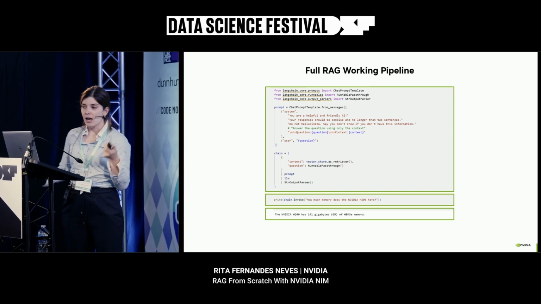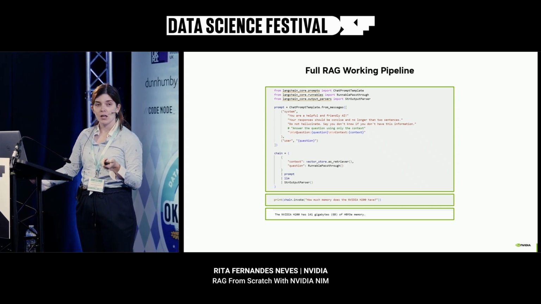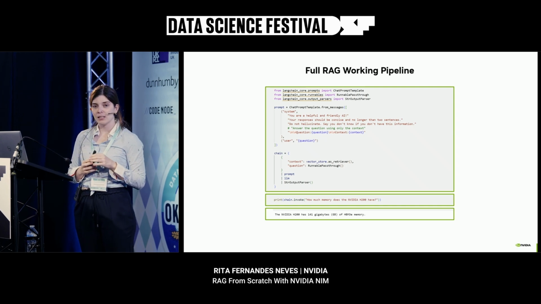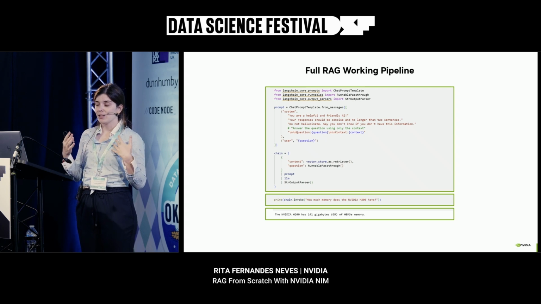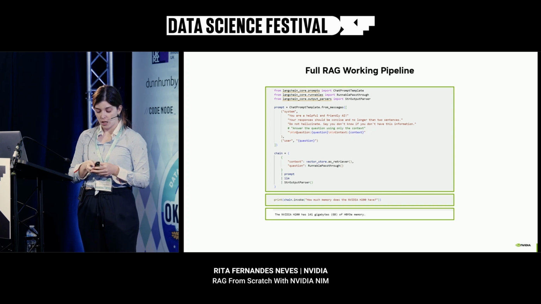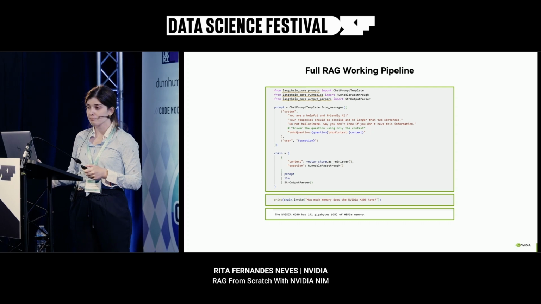So you can see how easy it is to code things up with NIMs, how easy it is to get a pipeline that will essentially make it so that you can improve your LLMs with external data knowledge, and essentially fulfill your dreams of building data-enhanced pipelines.